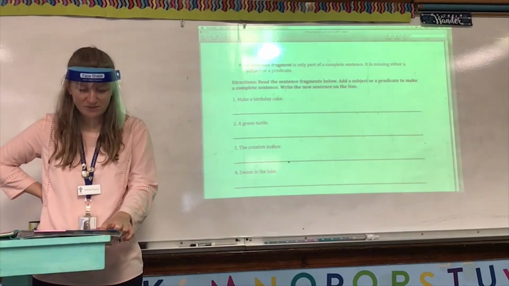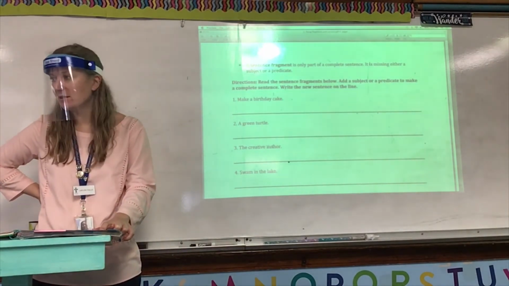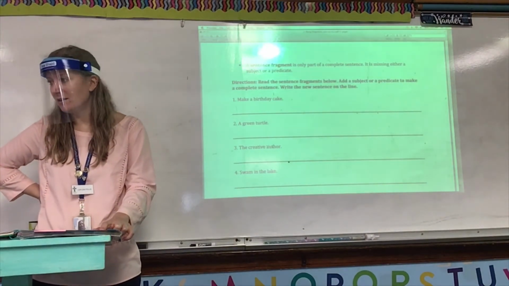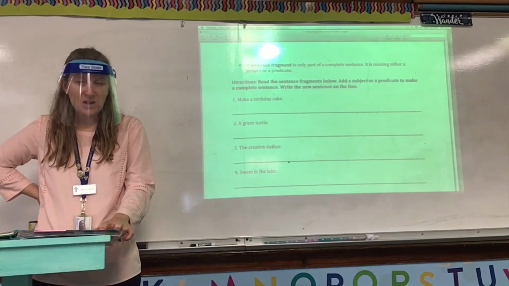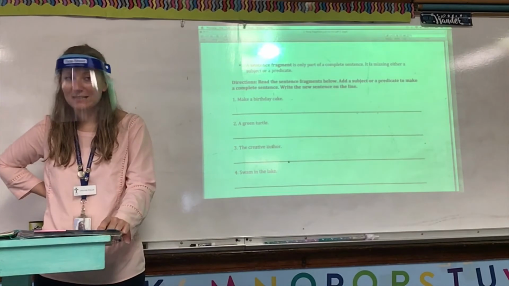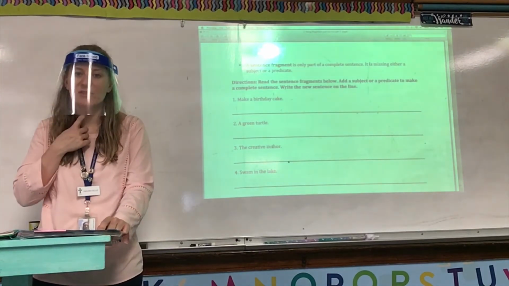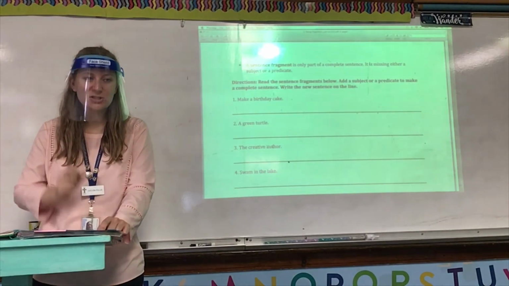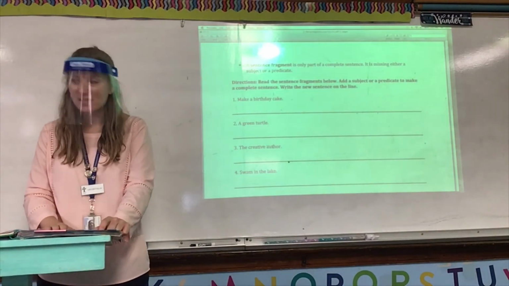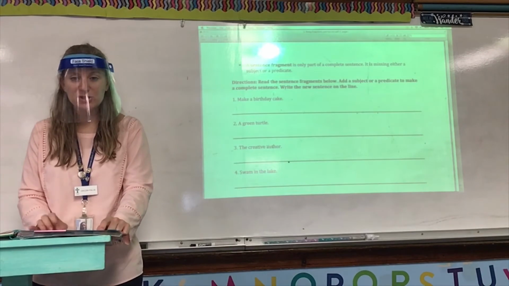So all you have to do is put a D over that K so that it says made. Make sure that you understand that this is supposed to say made a birthday cake, not make a birthday cake. When you're done, put your flare away. Once you have made make into the word made, put your flare away.